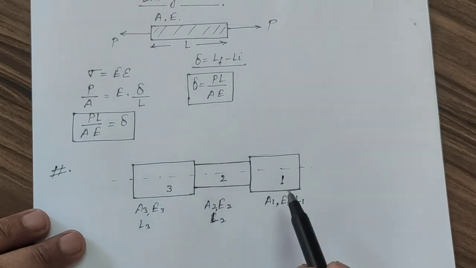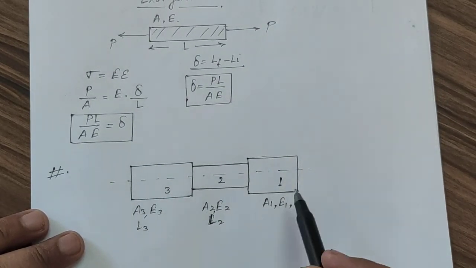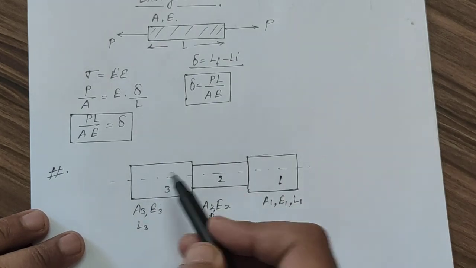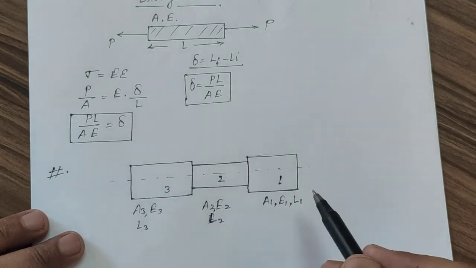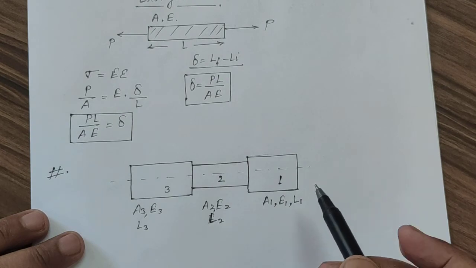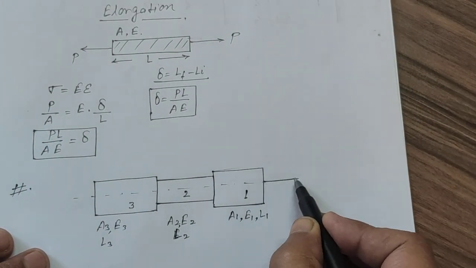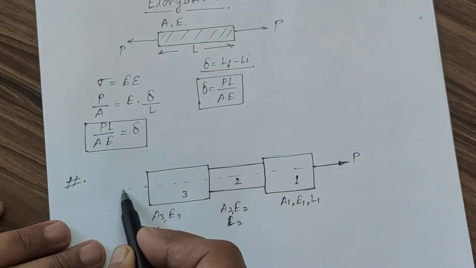Now we have the composite bar, and in the composite bar we have three materials: material 1, material 2, material 3. The cross sectional area is different, the length of the member is different, and there is one force acting on the member. For the complete member, load P is acting.